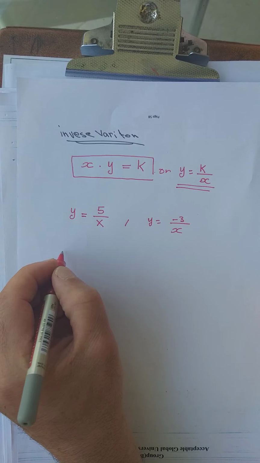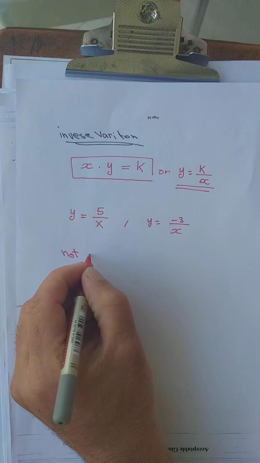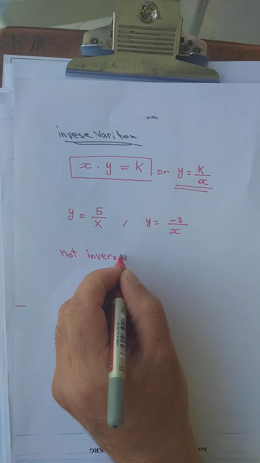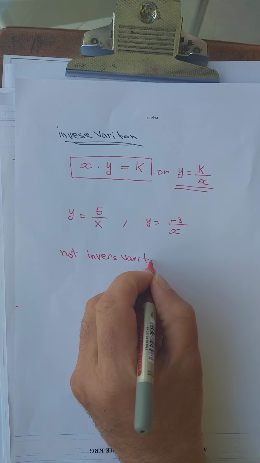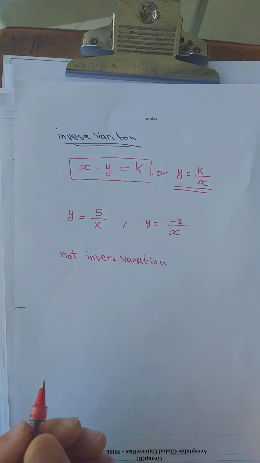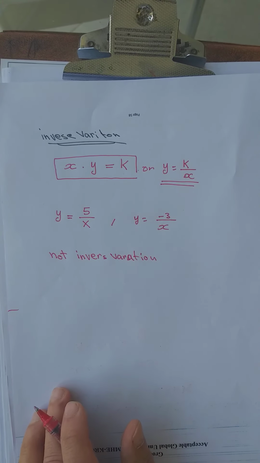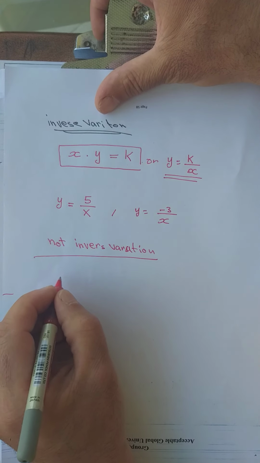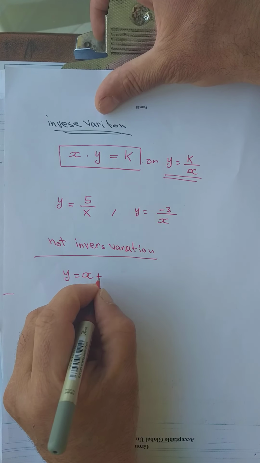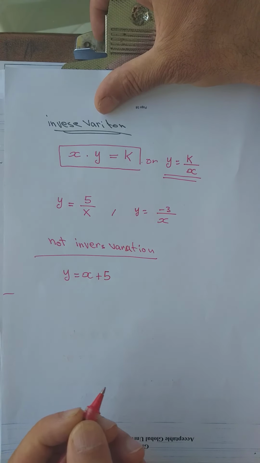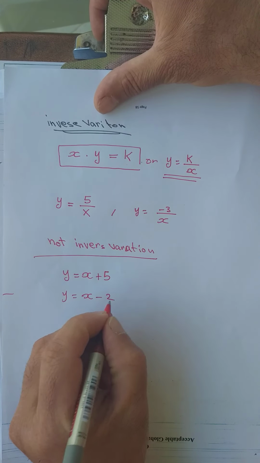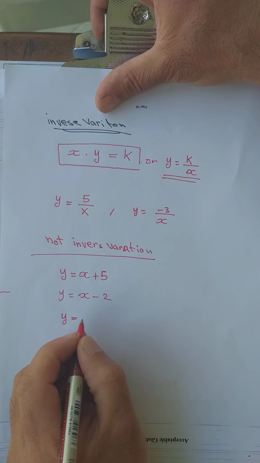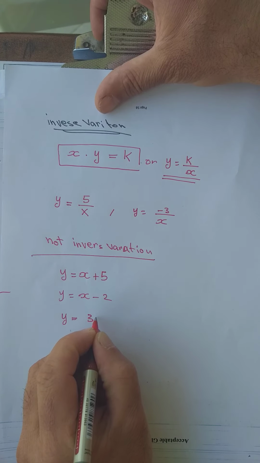This one is not inverse variation. Like y equals x plus 5, y equals x minus 2, y equals 3 times x.